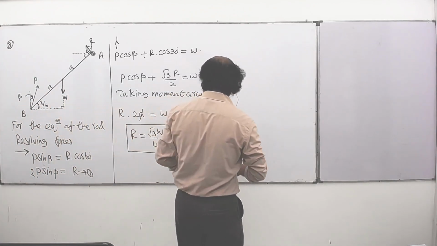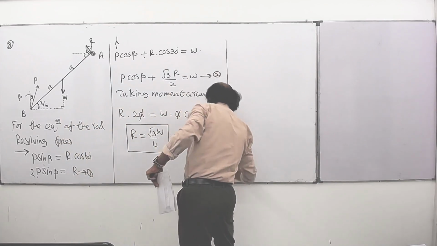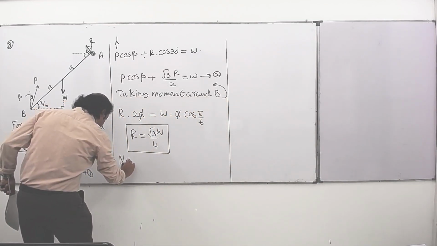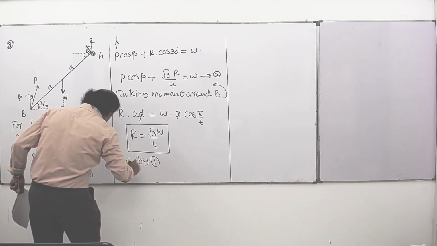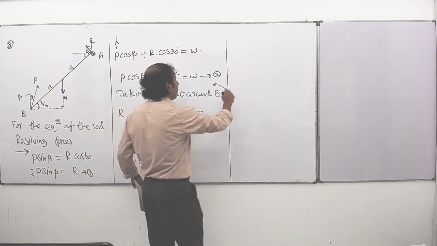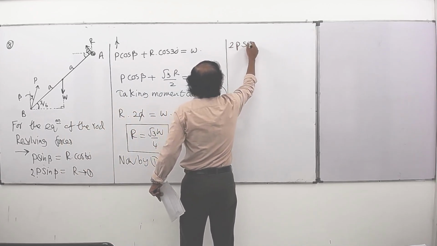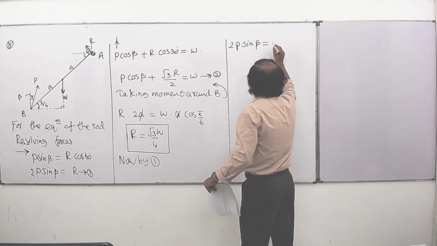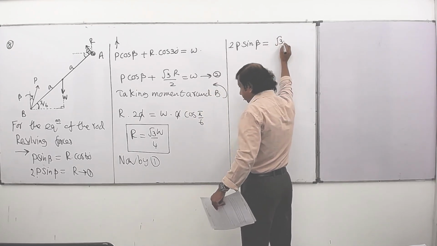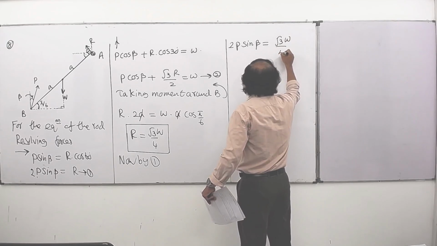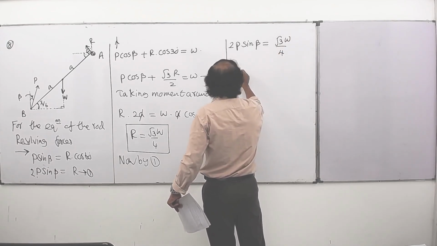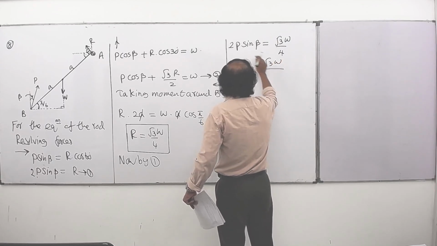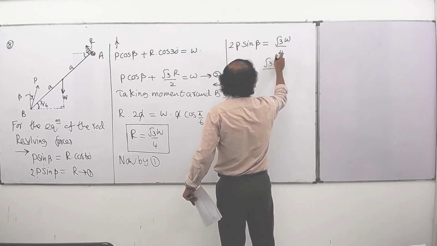Now by 1, we can write 2P sine beta equals R. R is root 3 W by 4. Then we can make P the subject: root 3 W, bring this 2 here and sine beta here, 8 sine beta.